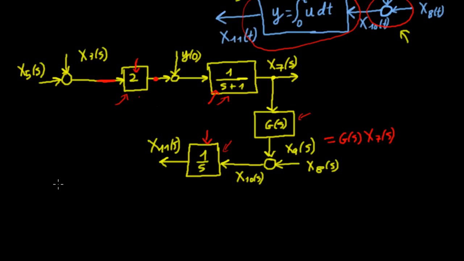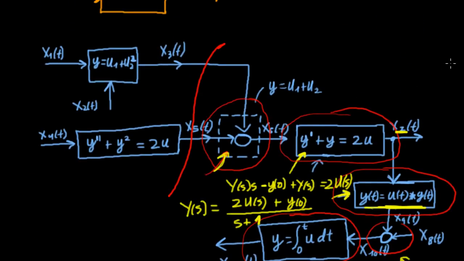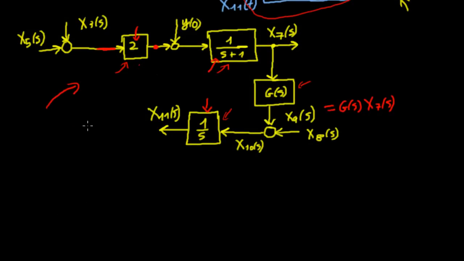But remember, only because the whole diagram is in the s domain can we perform those operations. Those operations would be completely illegitimate in a diagram like this one with nonlinear relationships. So keep that always in mind.